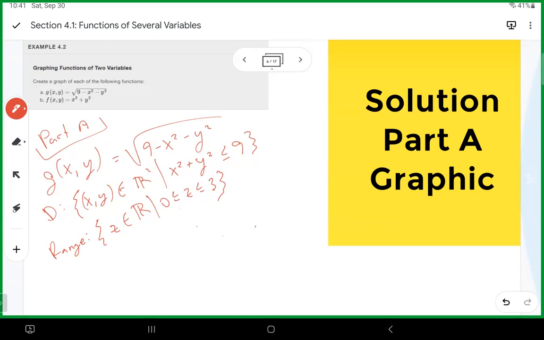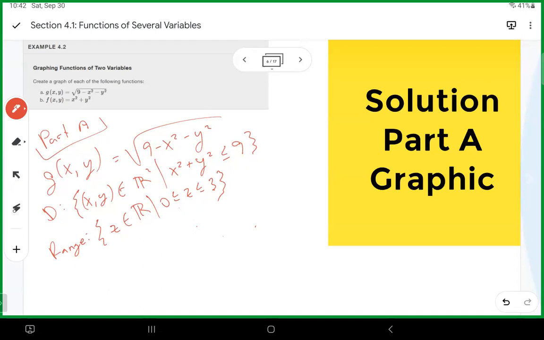So if x squared plus y squared equals 8, then g of x, y equals 1. So any point on the circle of radius 2 square root of 2 centered at the origin in the xy plane maps to z equals 1 in R cubed. As x squared plus y squared gets closer to 0, the value of z approaches 3.